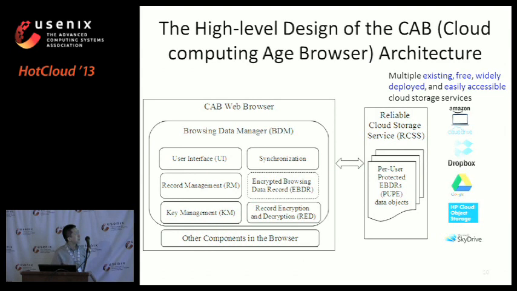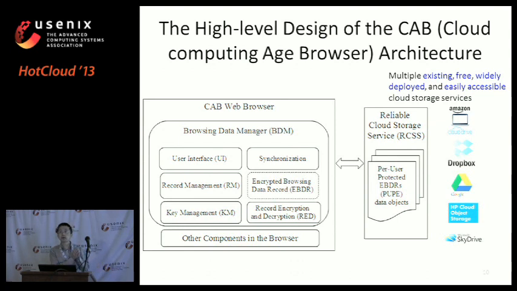Okay, so this is our proposed architecture. We propose the CAB browser architecture, the Cloud Computing Edge browser. The basic idea is that at the local computer, the browser will not save any browsing data to the local disk.